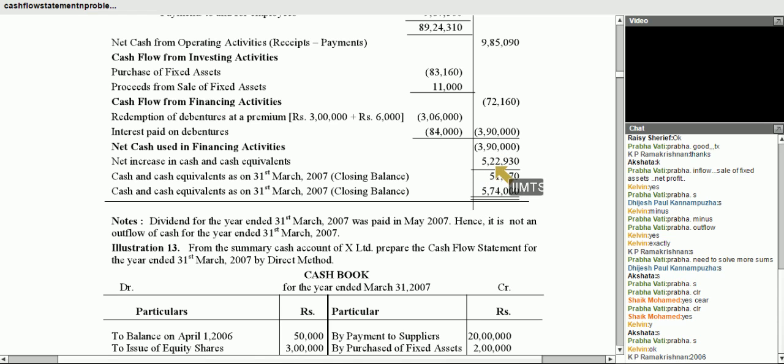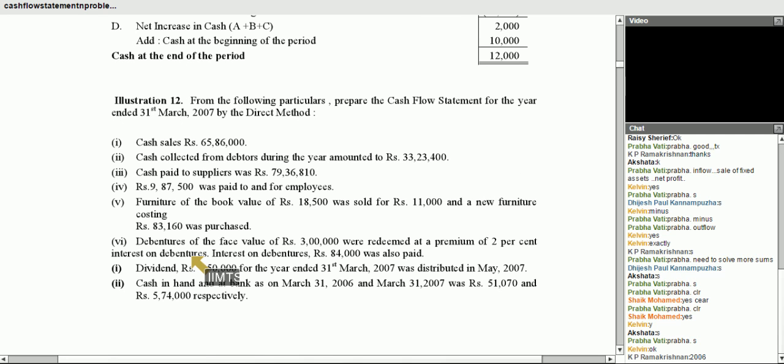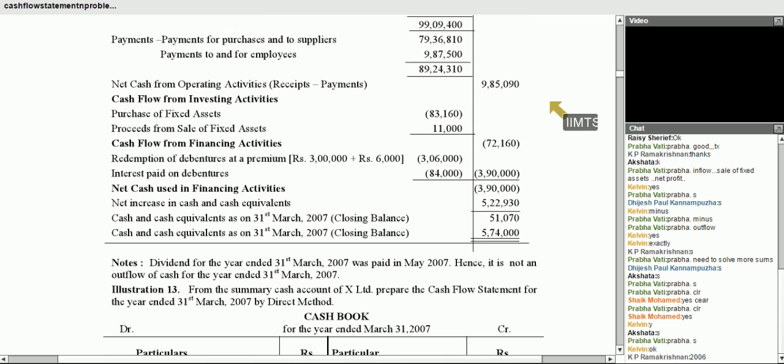So if you add them up, this 5,22,930 plus 51,070, you will get 5,74,000. And if you compare it, you will get the same value. So we have given all the details and on adding all of them, it is coming out to be equal to 5,74,000. So it means that our working is correct. Clear?